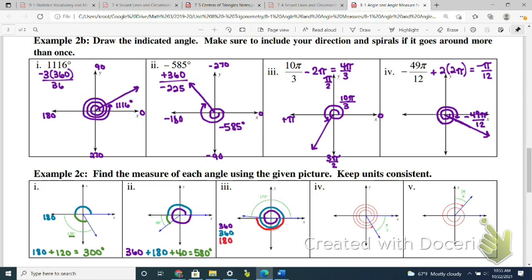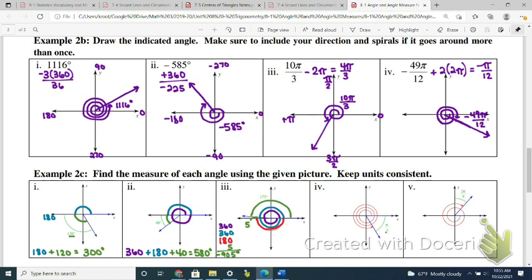So I just need to figure out, well, what is this little mark in here? Well, if all of this is 175, and I know it takes 180 to get to the other line, that means that little mark inside is just 5 degrees. So I add it all up, and we get 905, but I know I went in negative direction, so it's a negative 905 degrees.